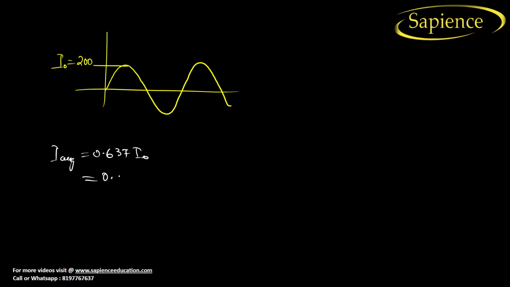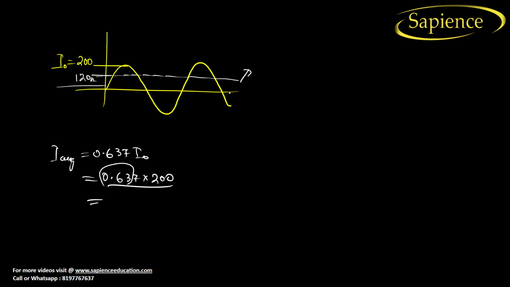So this will be 0.637 into 200. This is basically 63%, more than 50%, so approximately 63% means more than 120 ampere. So this is the I average current. This is the literal meaning of the I average current.